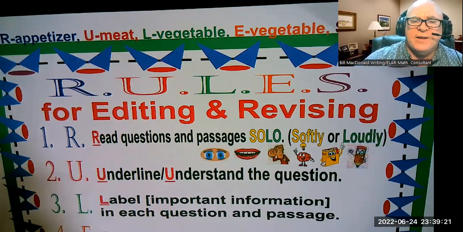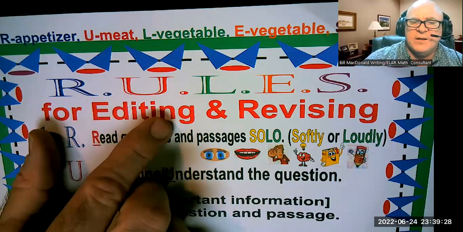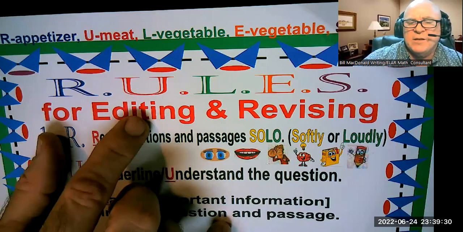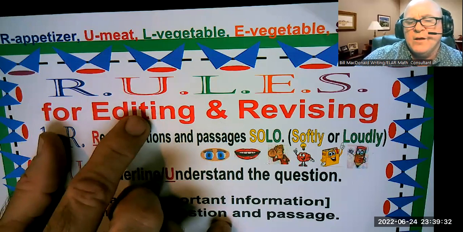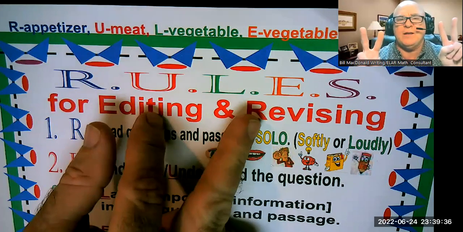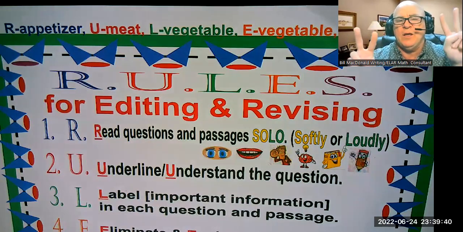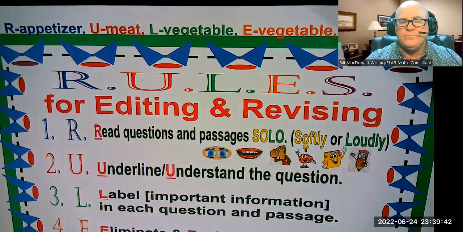So for editing and revising, we're improving the conventions for editing. And when we're doing revising, we're improving the content. And so all of you from 3rd through 10th grade, starting next May, are going to have 2 passages of editing and 2 of revising.